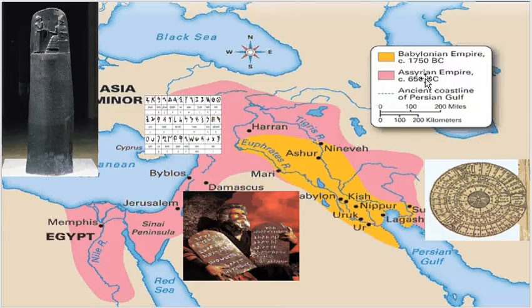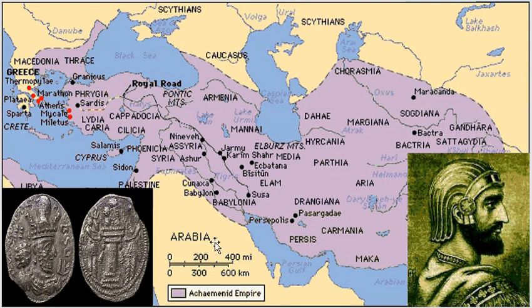The Assyrians are going to use their iron weapons to take over that world, and they will rule for a while. Then you're going to have a second Babylonian empire, and up to about 500 BC, that entire area gets taken over by a group of people called the Persians.